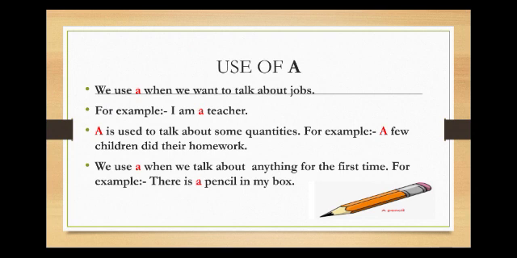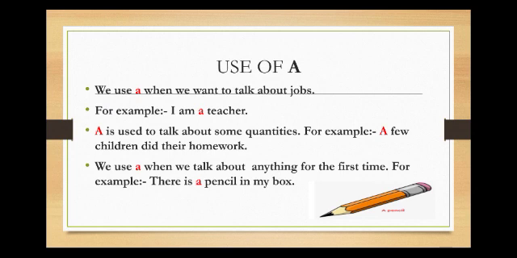We use a when we want to talk about anything for the first time. If we are referring to something for the first time, then we say a. For example, there is a pencil in my box. That means I'm talking about that pencil for the first time. That is why I am saying a pencil.